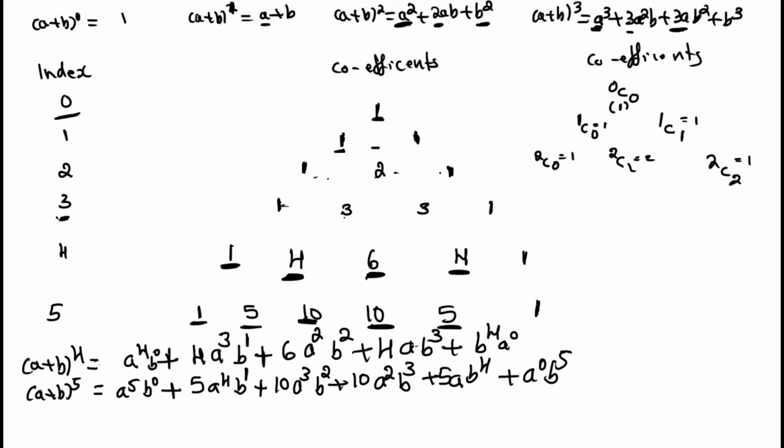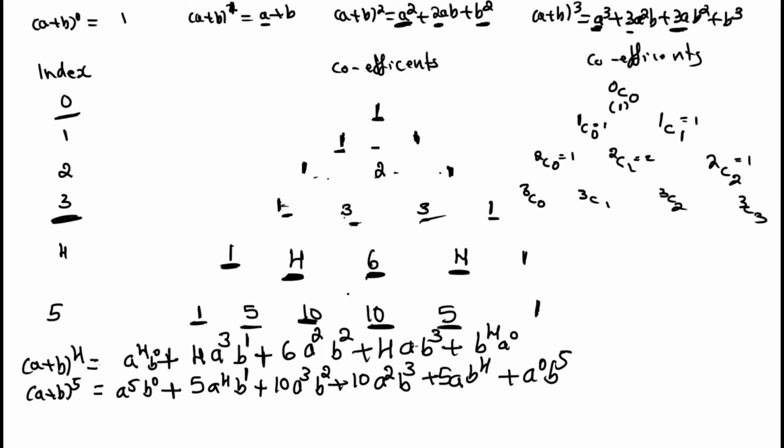Then see here index 3 is there, right? So you need to take n value equal to 3. You can write it as 3C0, 3C1, 3C2 and 3C3.